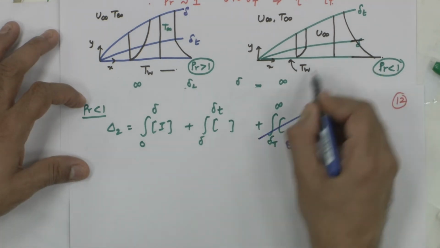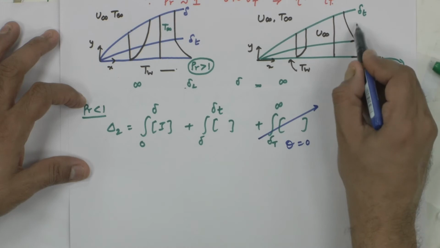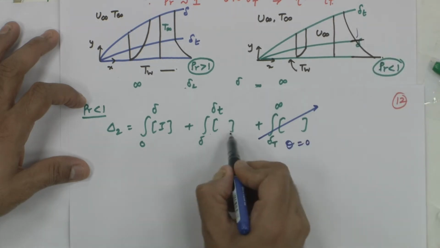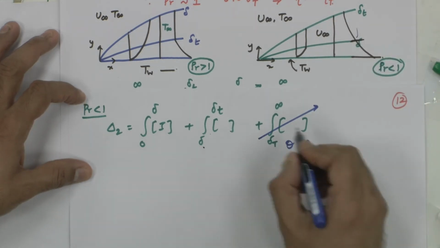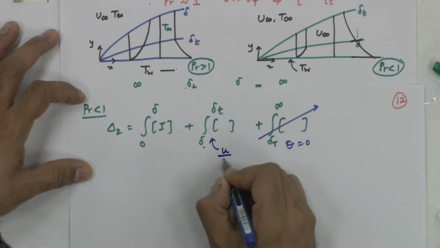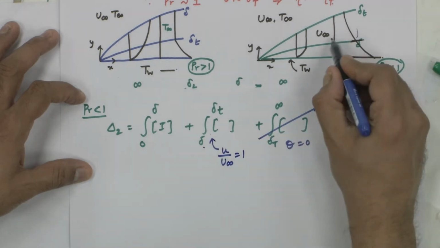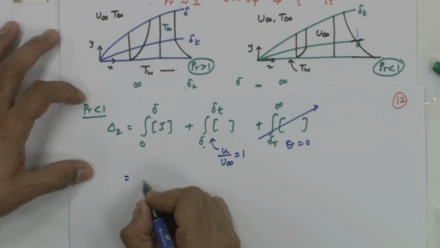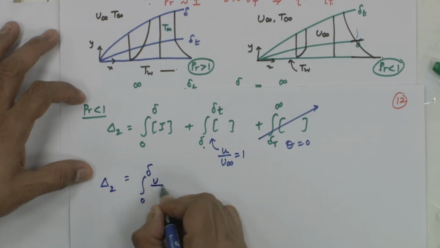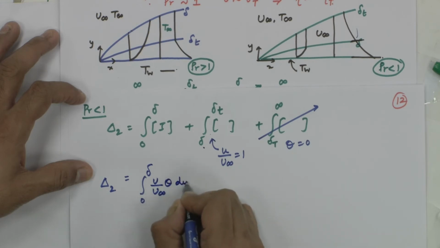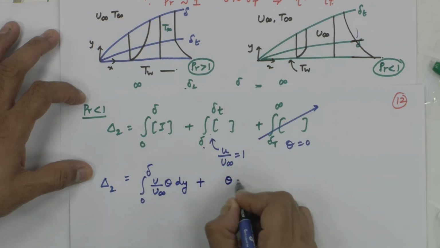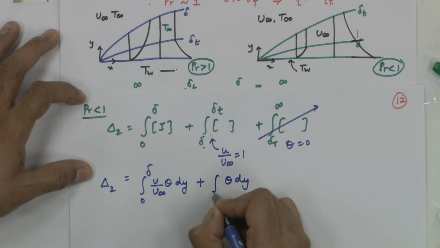In this part, Prandtl number less than 1 case, in the second part, u by u infinity is 1 because u is equal to u infinity here. So my integrand for enthalpy thickness is 0 to delta of u by u infinity theta dy as it is plus theta dy from delta to delta t.